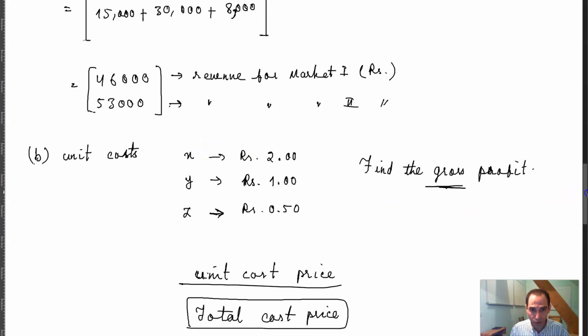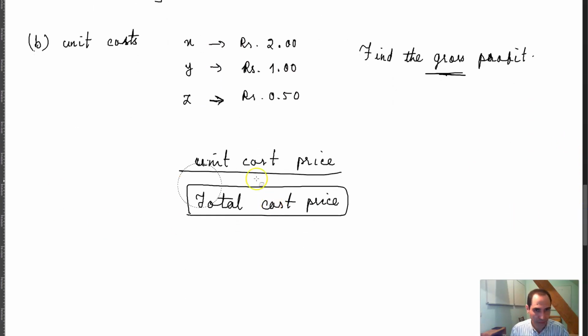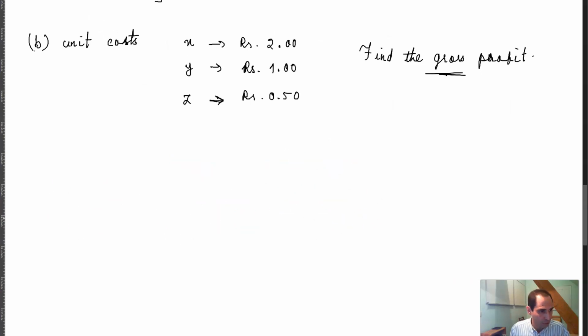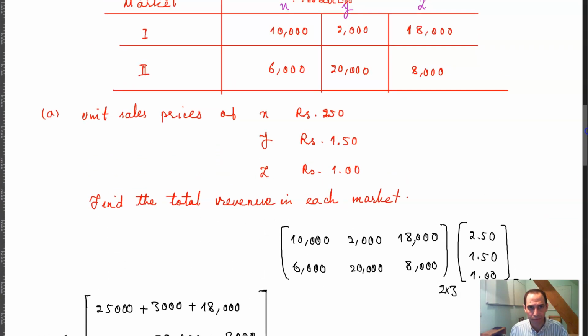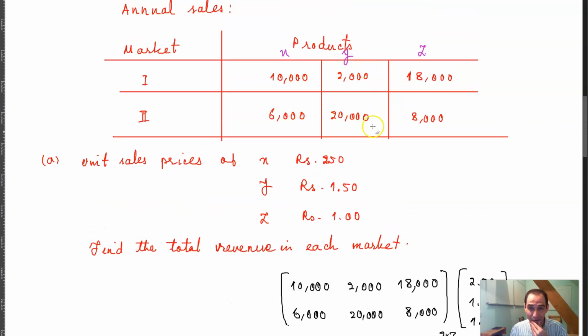So now what I need to do is at first calculate the total cost price. The total cost price is going to be equal to the number of products that I had here, which is basically, I have sold 10,000 and 6,000 for market 1 and 2. That makes 16,000 for market 1 and 2.